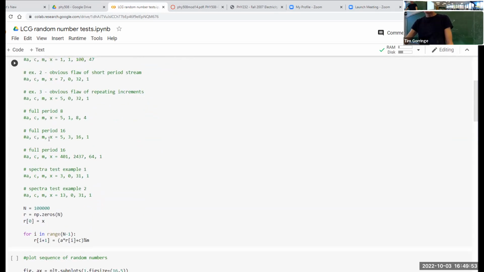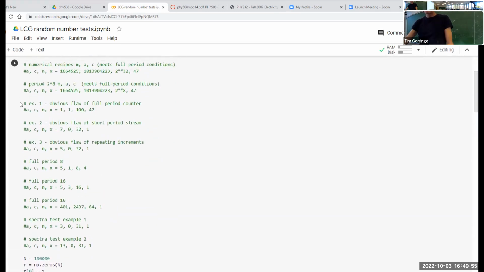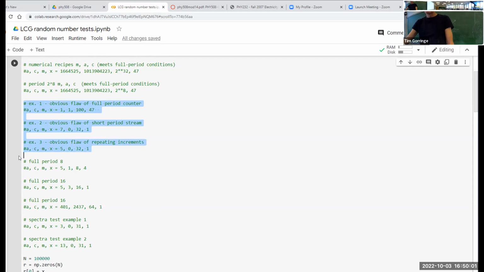Let me go down to these guys. So there's three different values of the parameters M, A, and C here that I picked to kind of illustrate some of the flaws in this random number generating scheme, right?